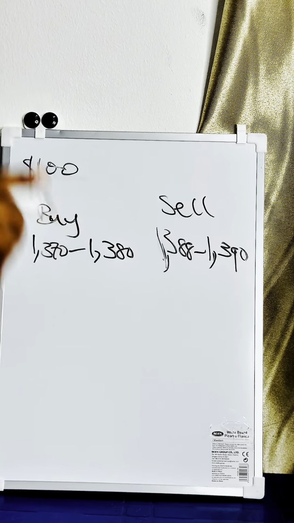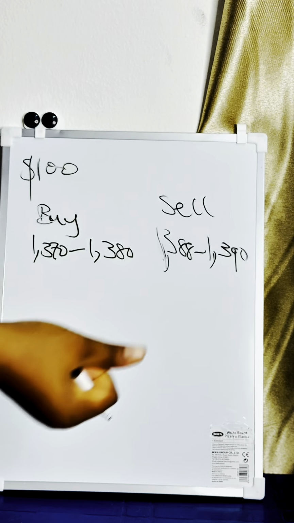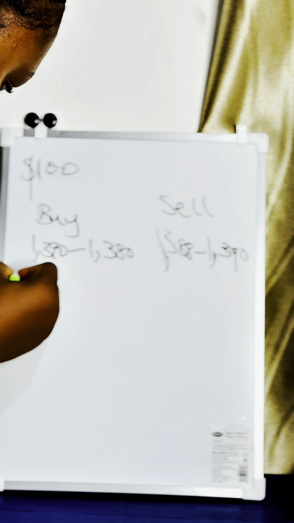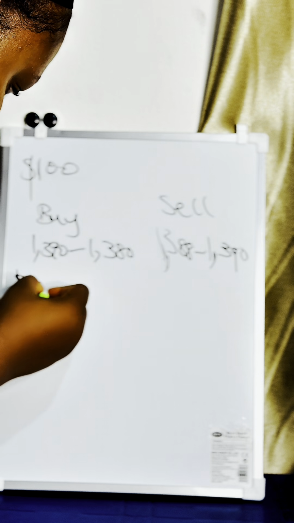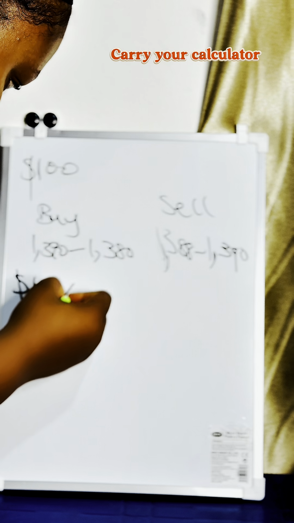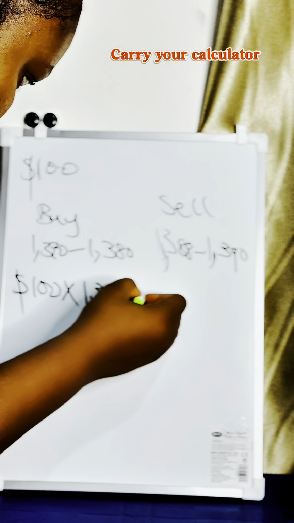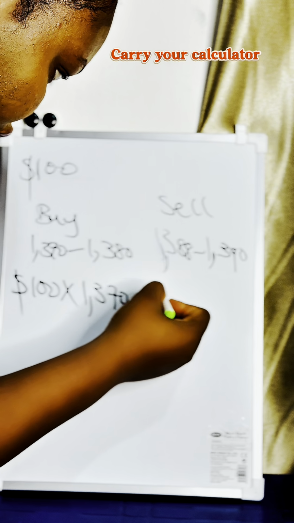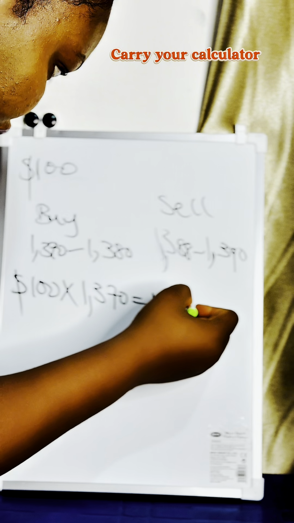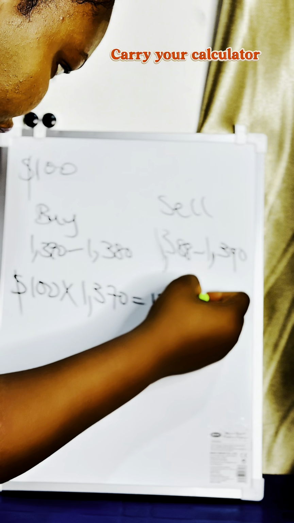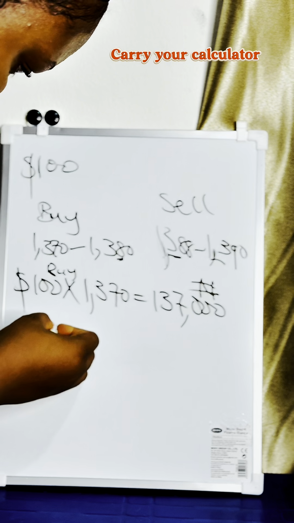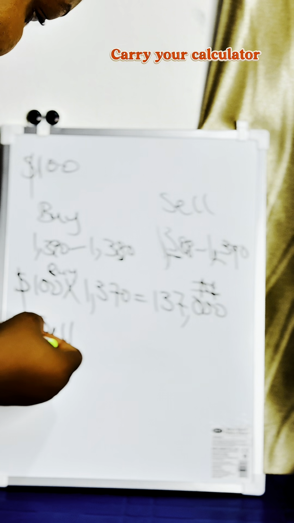Now let's work with one price. Let's work with 1,370, the smallest. $100 times 1,370, we'll be getting 137,000 naira.